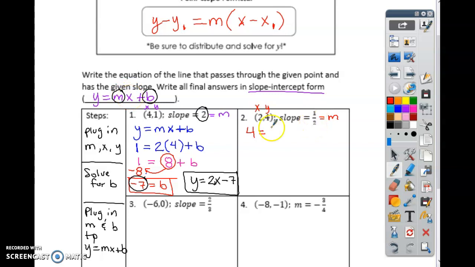So m is 1/2 times, what's my x? 2. And then plus b, because I got to find b. Okay, so what's the first step? What do we do? Multiply, right? So use the calculator. Use decimals. 1/2 times 2.